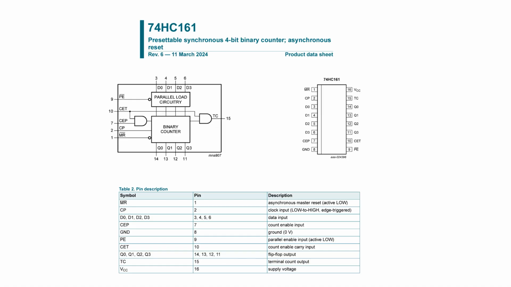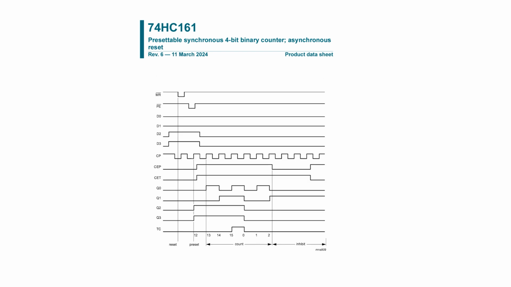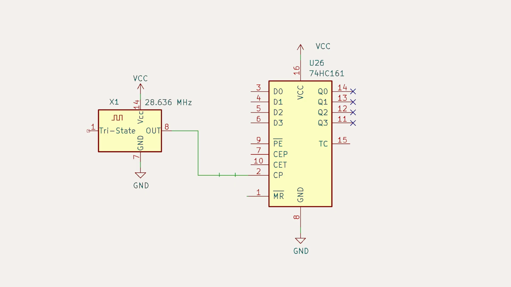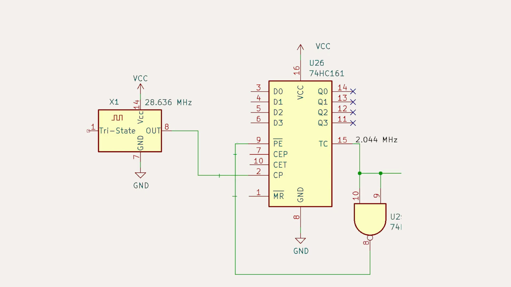One of the reasons I particularly like the 74HC161 is that it's really easy to make a clock divider that's a non-power of 2. I want to divide by 14 in this case, and the 161 has a terminal count output, which goes high when the count hits 15. If I invert this signal and feed it back into the parallel load signal, which is active low, it means that instead of rolling over to 0 after 15, it'll roll over to the value presented at the parallel input.